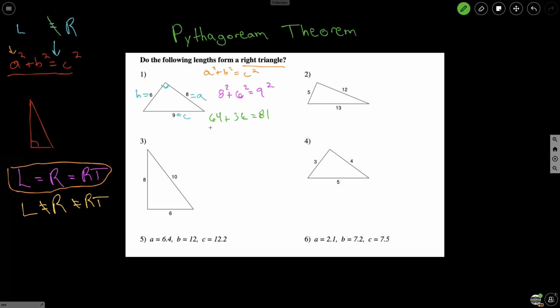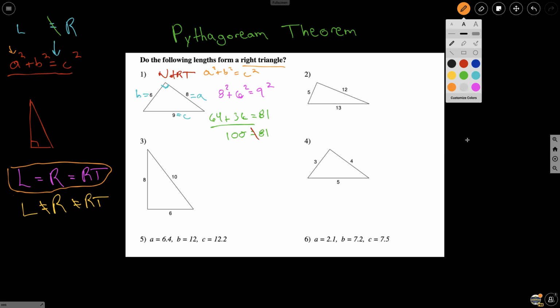And then we want to finish this operation here on this side. 64 plus 36, that is 100. 100 equals 81. So therefore, this is not a right triangle. Okay, so this is not a right triangle.